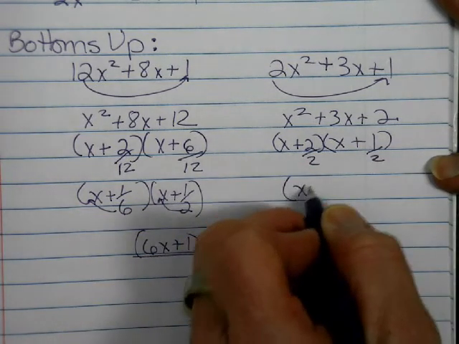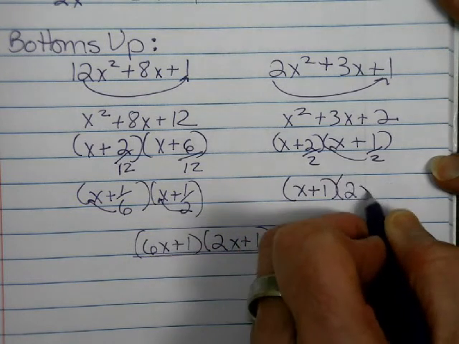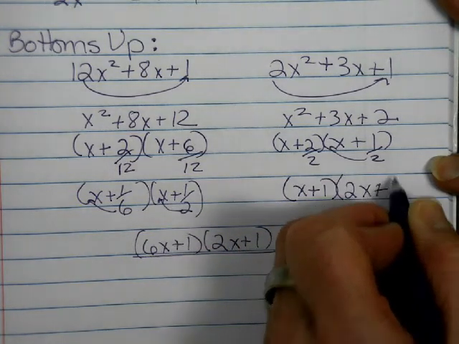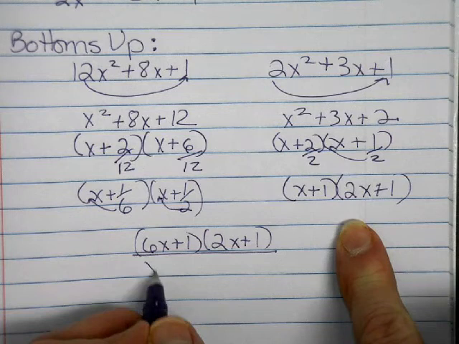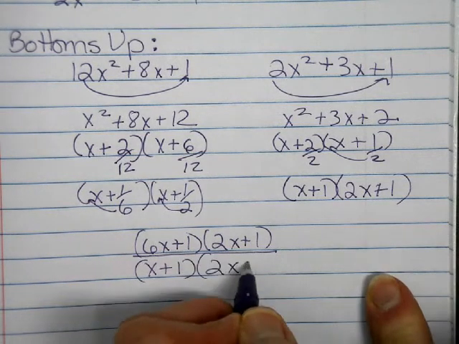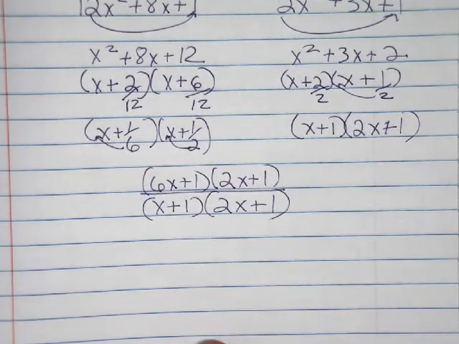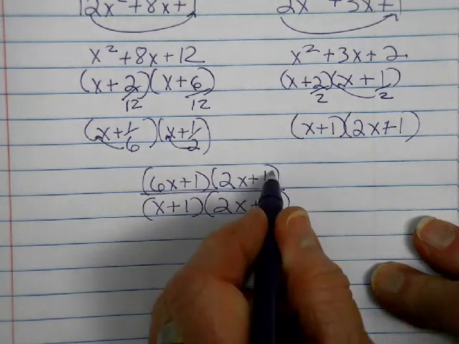Then I've got to divide back the 2, reduce, and move the denominator next to the x. So my denominator then is x plus 1 times 2x plus 1, which is nice in this land of Oz.